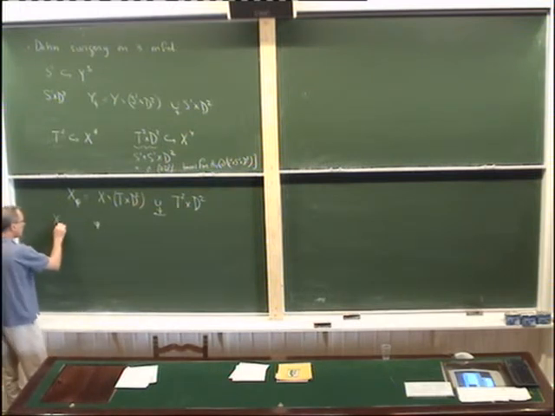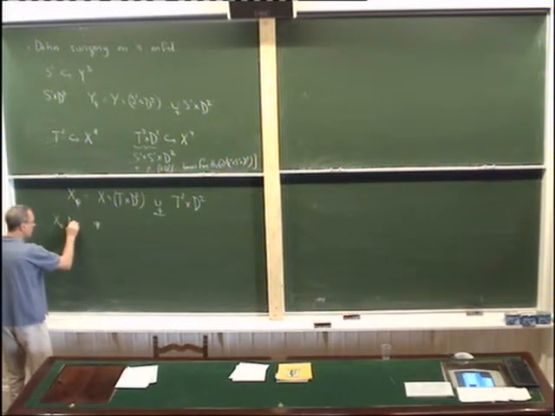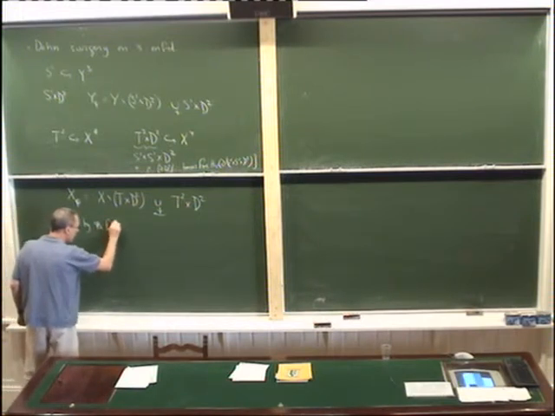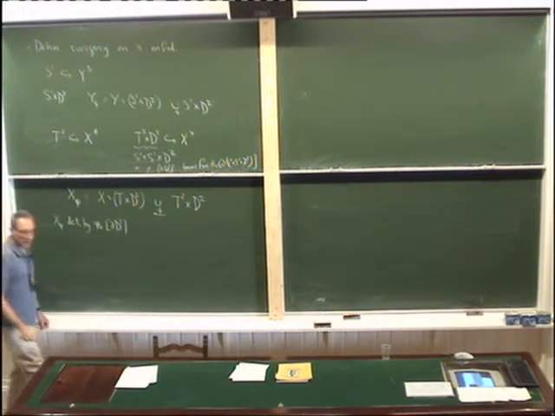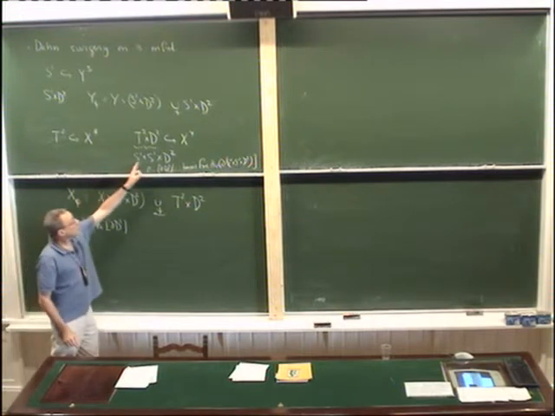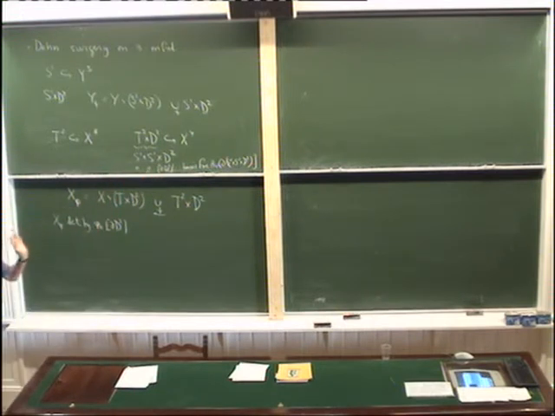X_φ is actually determined by φ star of the class of boundary of D2. So this tells you which loop on the boundary three-torus is dying in the complement.